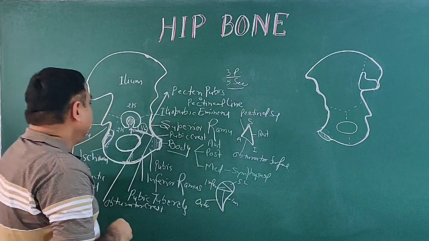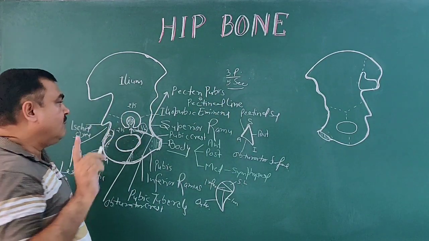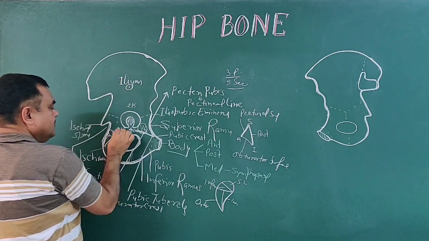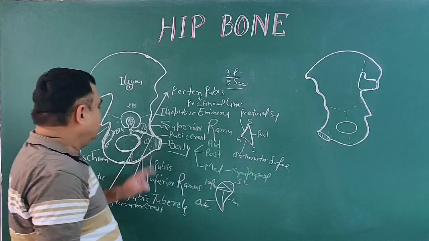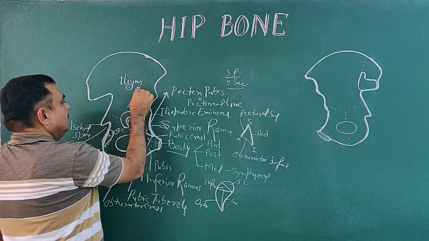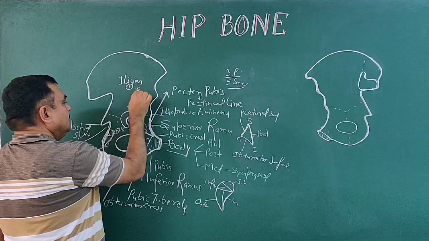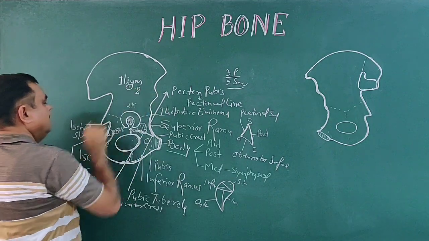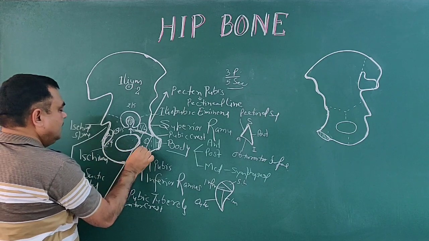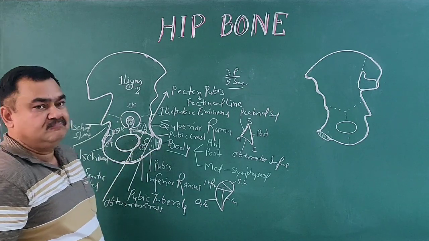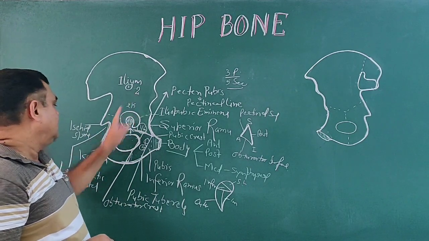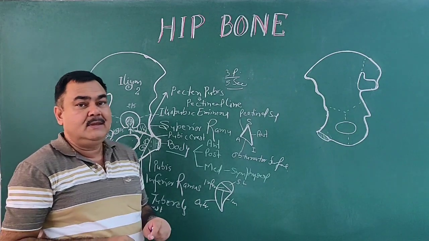There are three primary centers: one for the ilium, one for the ischium, and one for the pubis. They appear during the second, fourth, and fifth months.